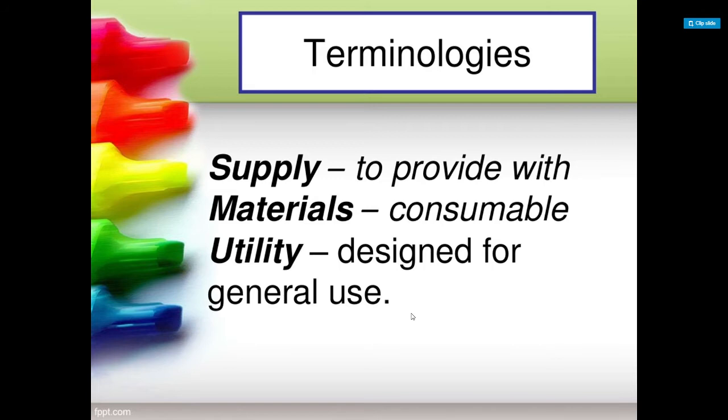But the word consumable means that it's not just like when you eat food that it will be consumed, but it will be consumed in the fact that they will be installed in a building, and they will stay there in that building as long as they will not be damaged or destroyed or be replaced in the future by maybe a better electrical component, if in the future more innovations will be made with these electrical supplies.